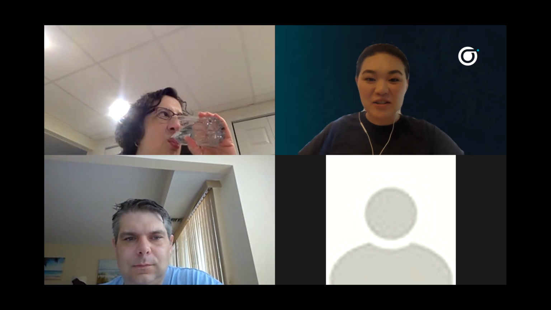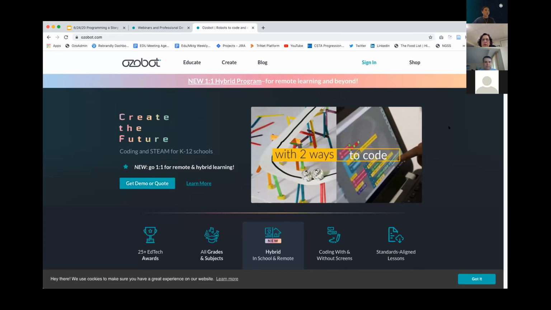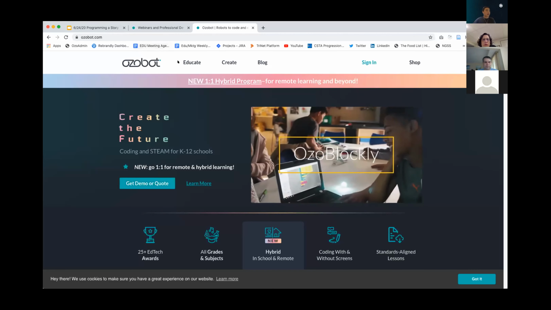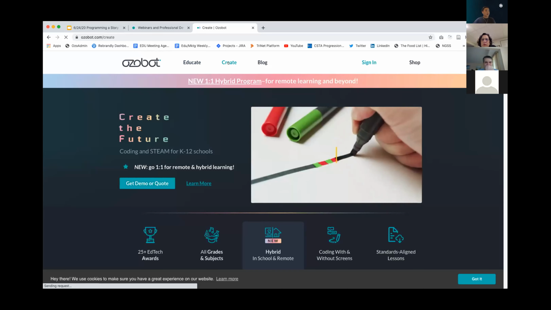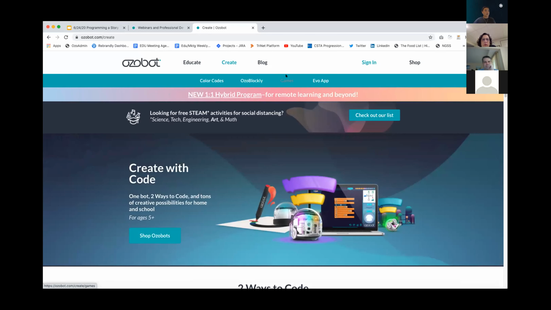Absolutely. And I just wanted to point out very quickly that for those of you in the audience that might feel a little bit intimidated by Ozoblockly or not sure how to begin, I want to share with you, we have our Shape Tracer and Ozotown games. So if you go to our ozobot.com website and you click on Create, this will take you to our page where you can actually click on games right up here.